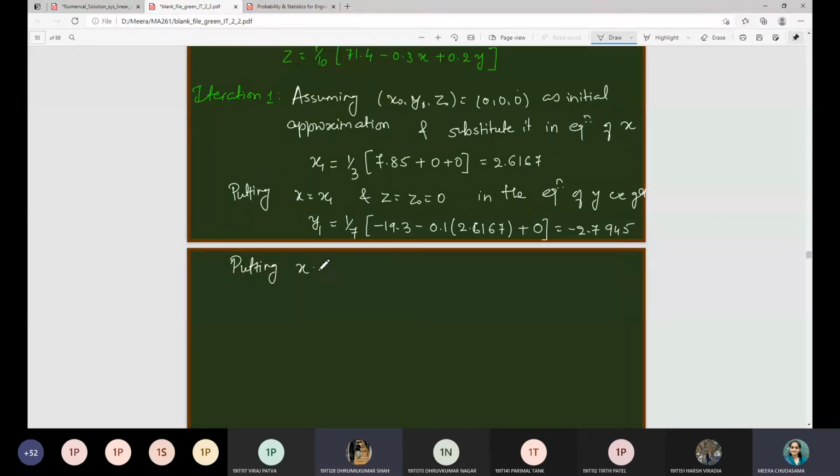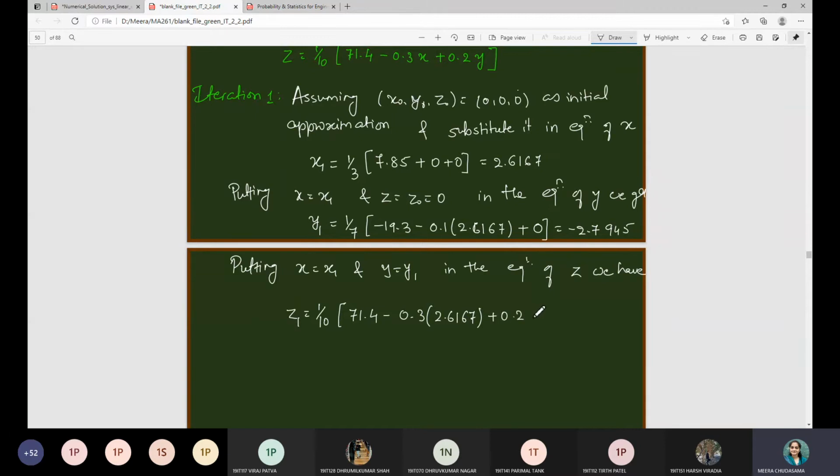So putting x is equal to x1 and y is equal to y1 in the equation of z, we have, so z1 is 1 upon 10, 71.4 minus 0.3x, x means 2.6167, y means 0.2 into y, that is minus 2.7945.